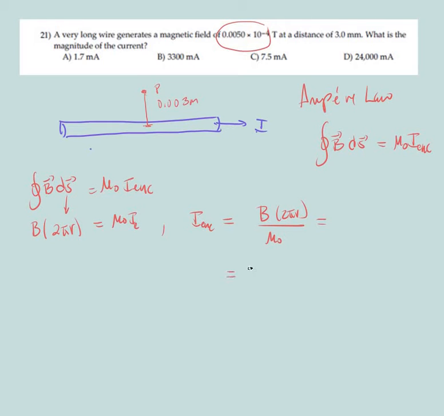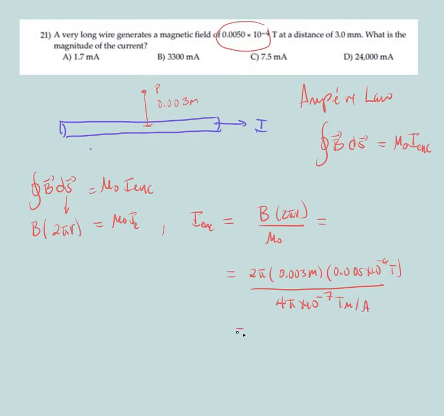Well, let's put all the numbers here. This is going to be 2 pi times the distance, which is 0.003 meters, times the magnetic field B, which is 0.005 times 10 to the minus 4 Teslas, divided by mu naught, which is 4 pi times 10 to the minus 7 Tesla meter per ampere.